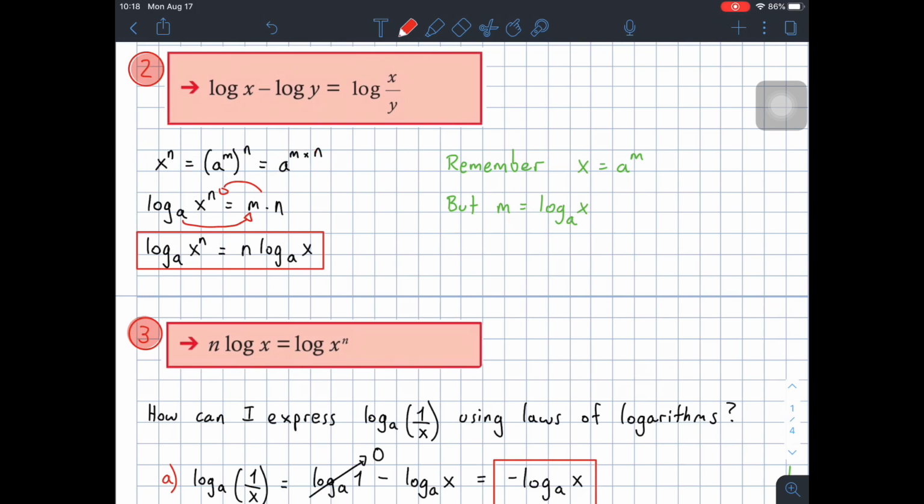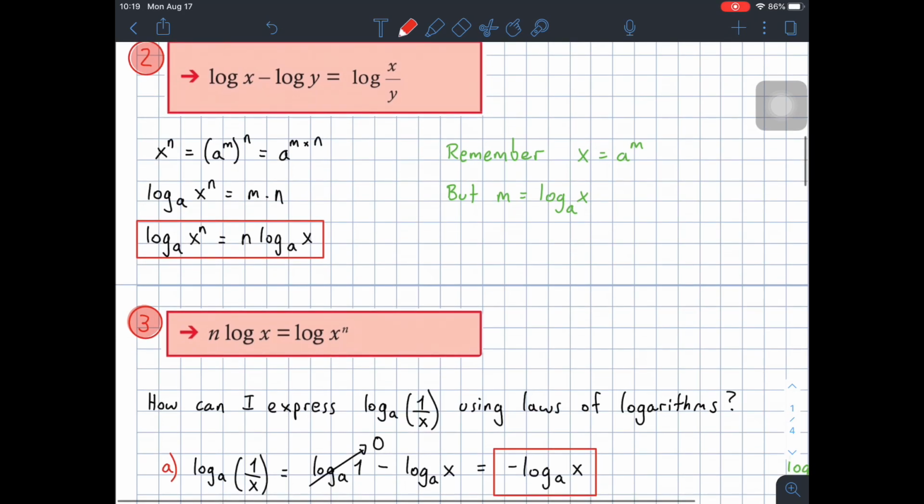So we rewrite the exponential expression as a logarithmic expression. But if you remember from our initial definitions, m is equal to log base a of x. So I'm going to change this m over here. And this would be log base a of x to the power of n is equal to n times m, which is log base a of x.